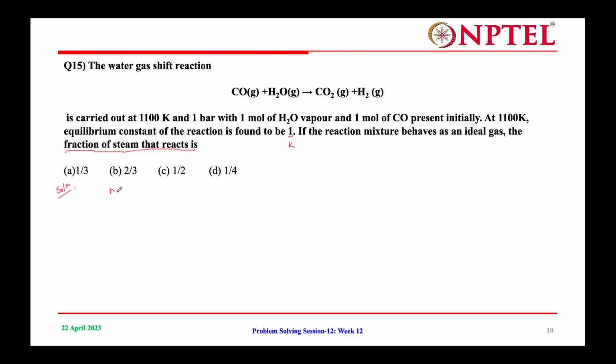Initially moles 1 plus 1, 2, and the stoichiometric coefficients: K is given, temperature given, pressure given. So -1 -1 +1 +1 gets 0, right?